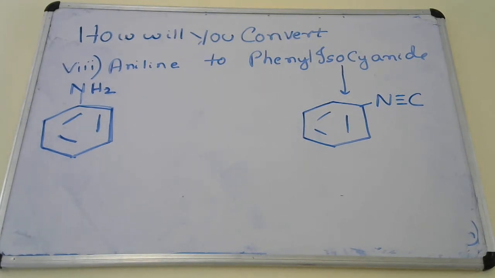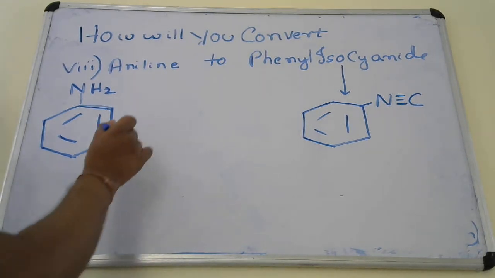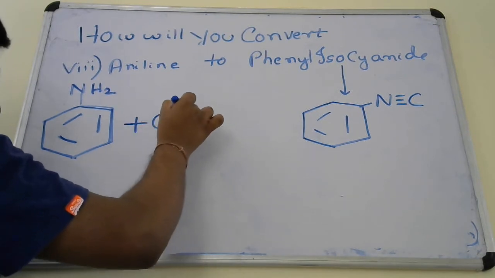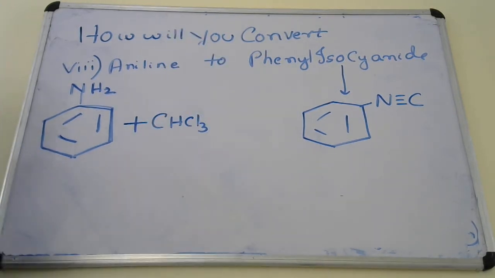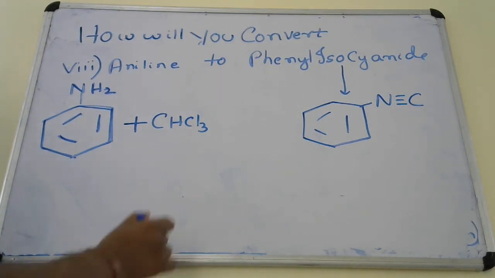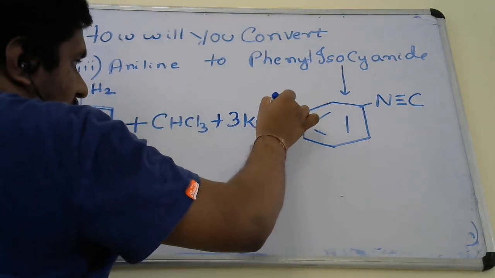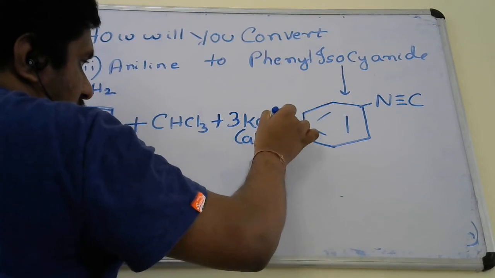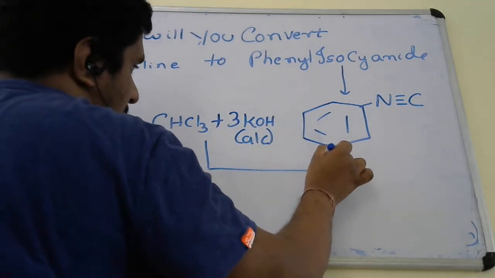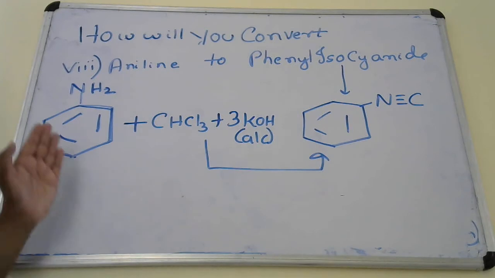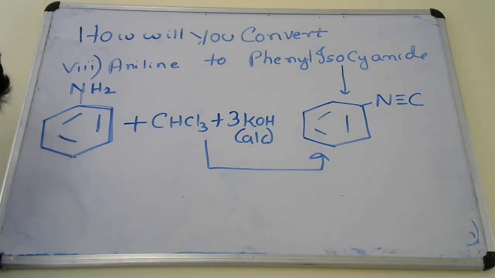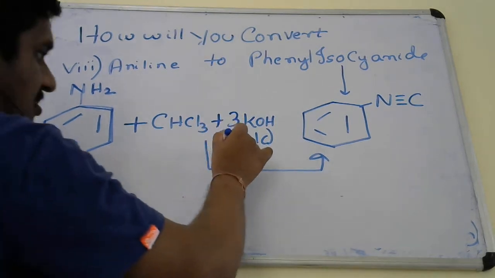There is a famous reaction called the carbylamine reaction. What happens in the carbylamine reaction? Let me tell you. We take aniline in presence of CHCl3 and alcoholic KOH, and warm.